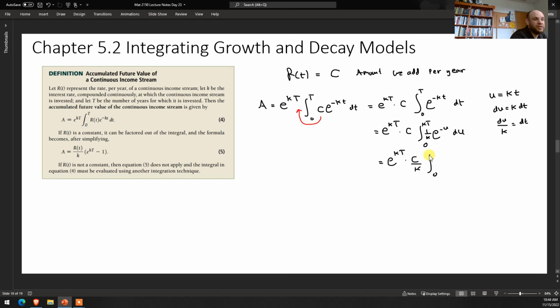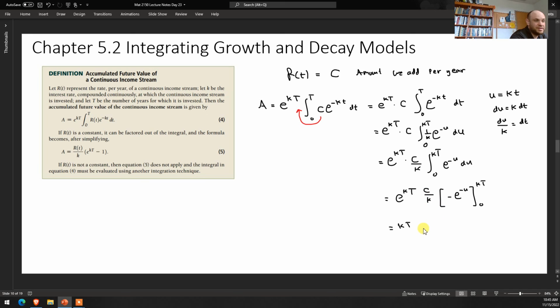And now we can do our integration. The antiderivative of e to the minus u is minus e to the minus u, and we evaluate that in between 0 and k times capital T. So we have kt.